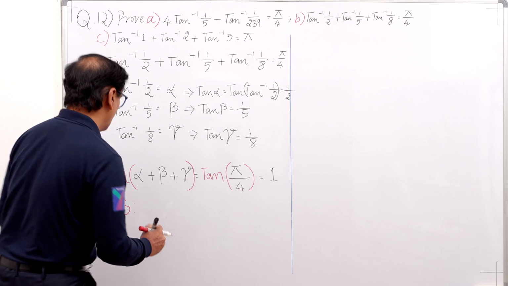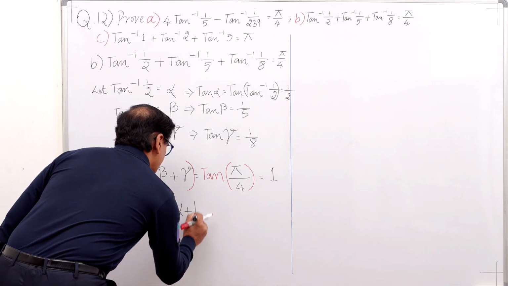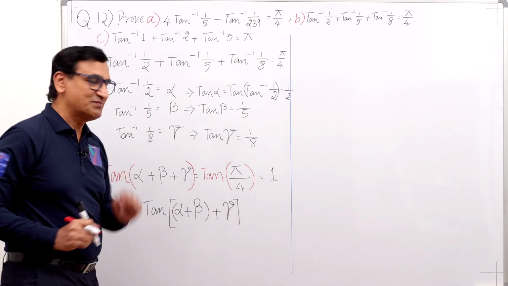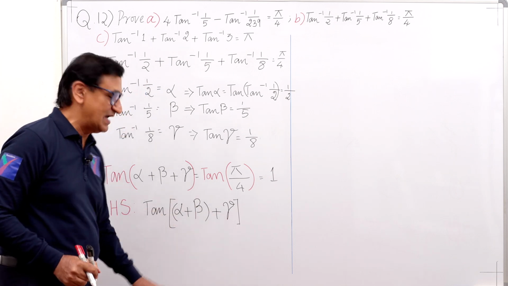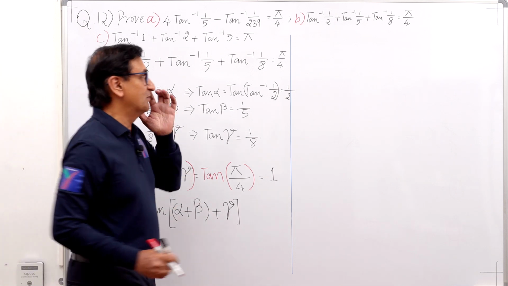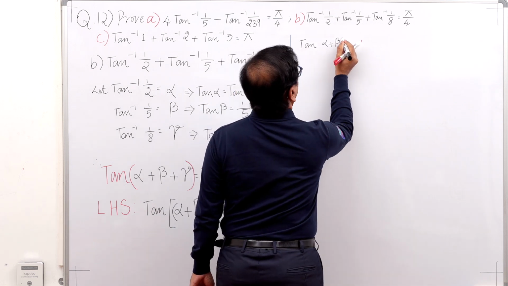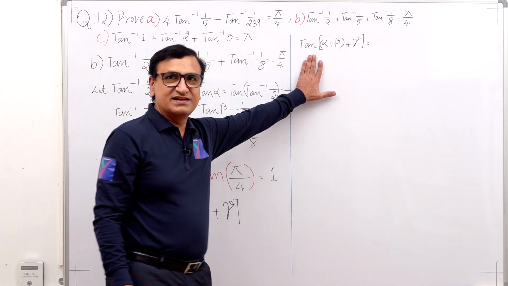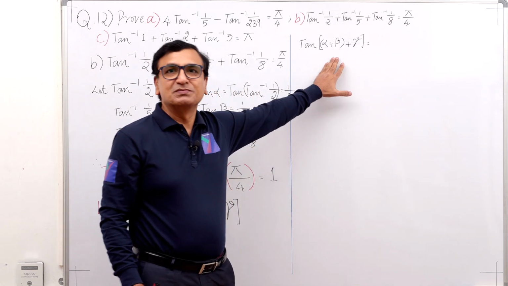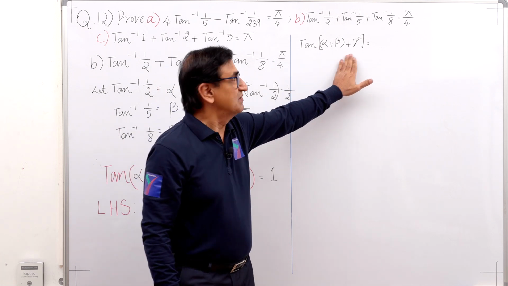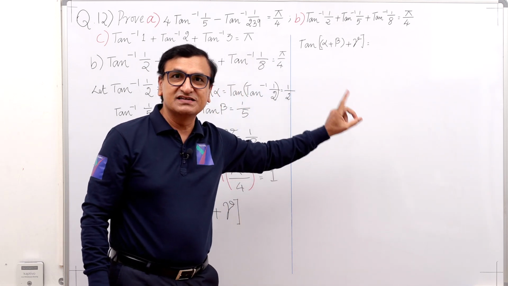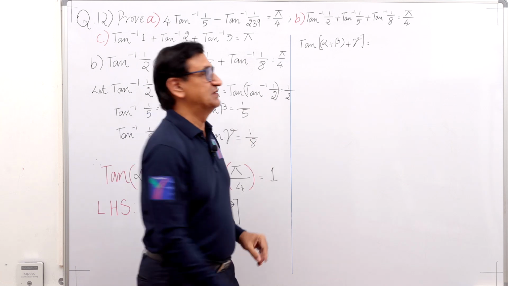So our LHS, I am going to write it as tan of a plus b, where this is a and this is b. Using the tan a plus b formula, this will be tan of alpha plus beta plus tan gamma, divided by 1 minus tan of alpha plus beta times tan gamma.